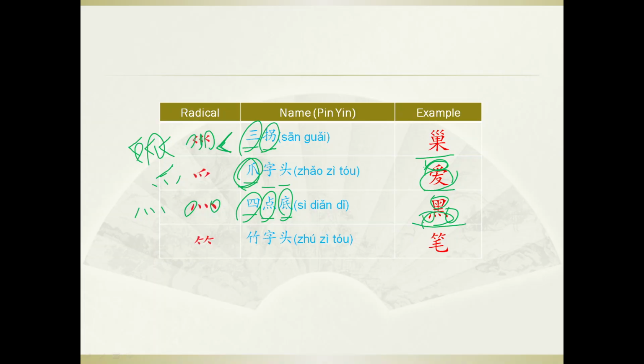The last radical today is 竹字头, bamboo. So this radical is the variant of this word. 2 parts of this radical are identical, and it is usually on top of a word.